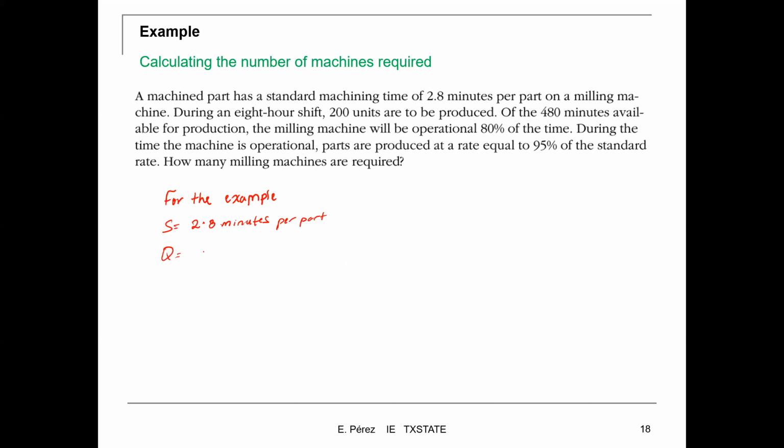Q is equal to 200 units per shift. H is equal to 480 minutes per shift. E is 95% or 0.95, and R is 80%.